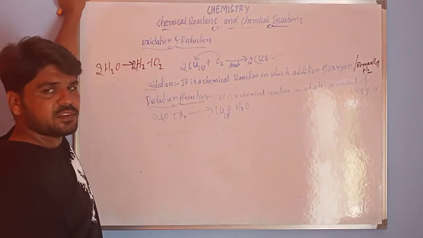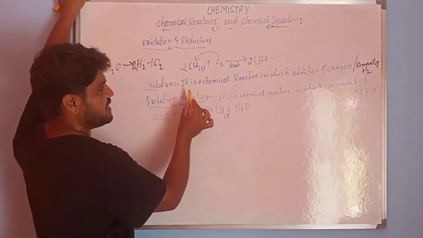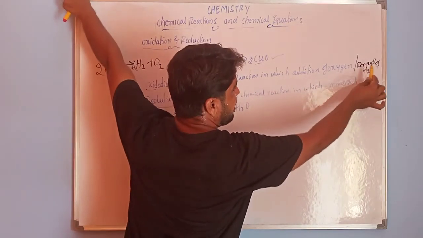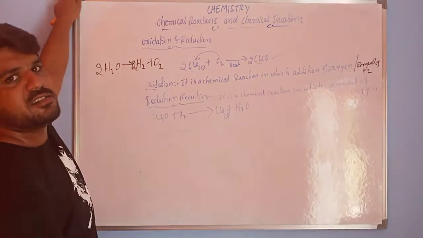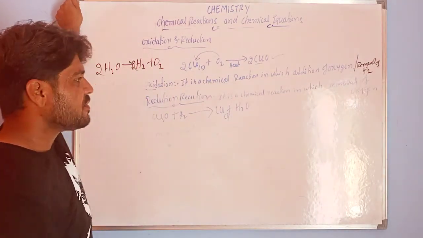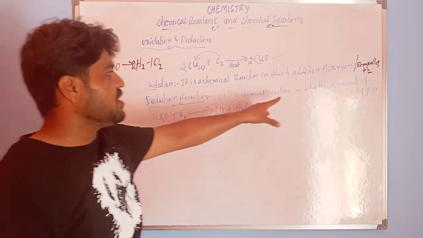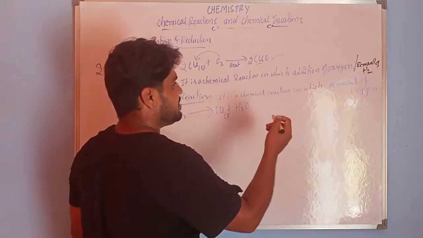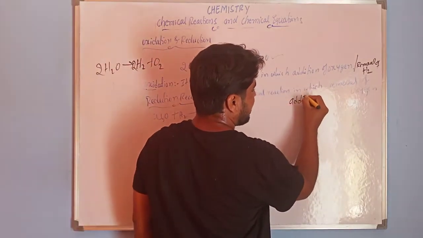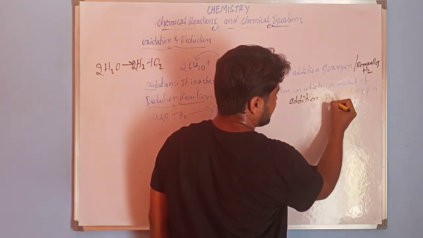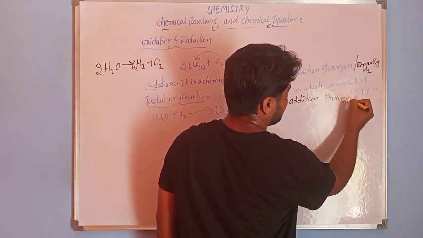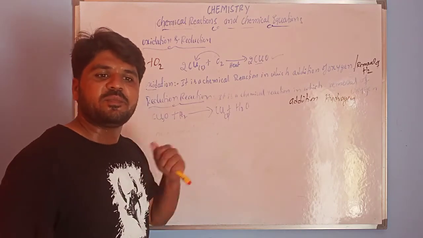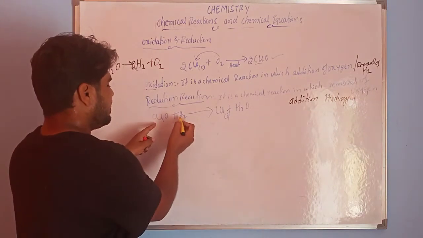Simple examples. Generally, oxidation is a chemical reaction in which addition of oxygen or removal of hydrogen occurs. Reduction is a chemical reaction in which removal of oxygen and addition of hydrogen take place.